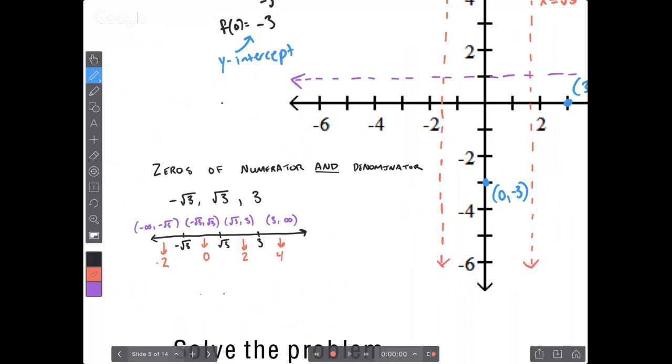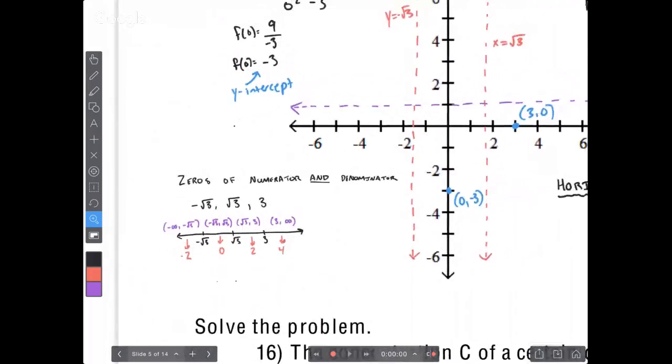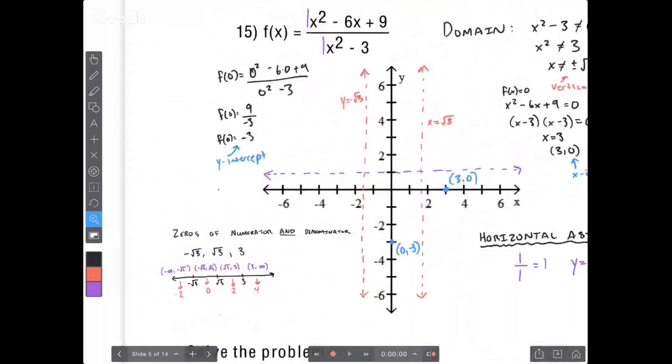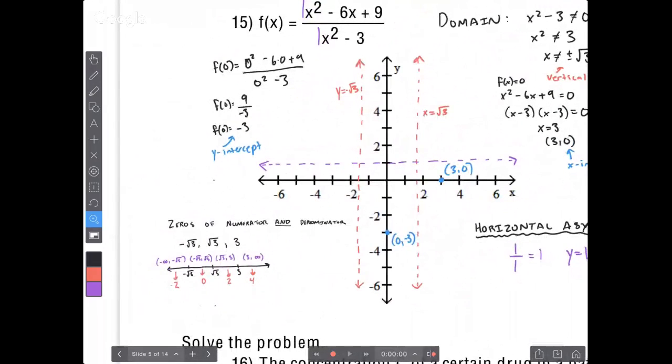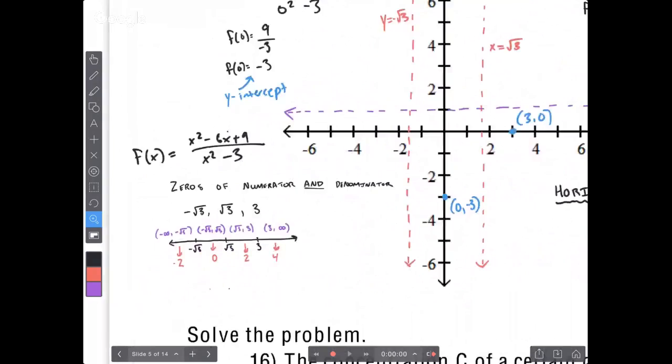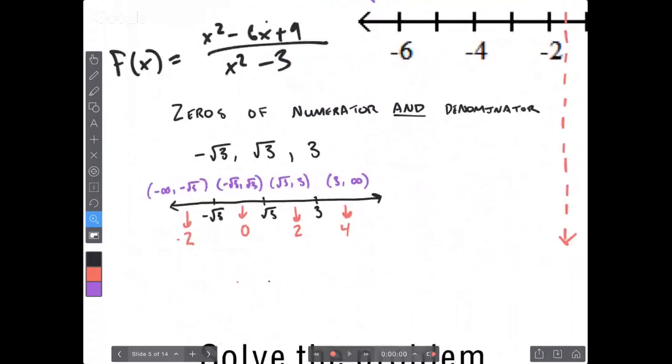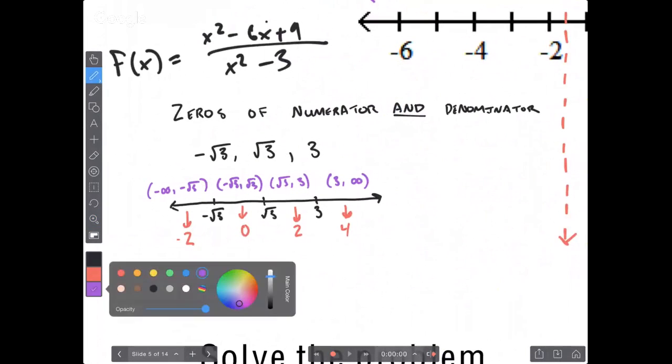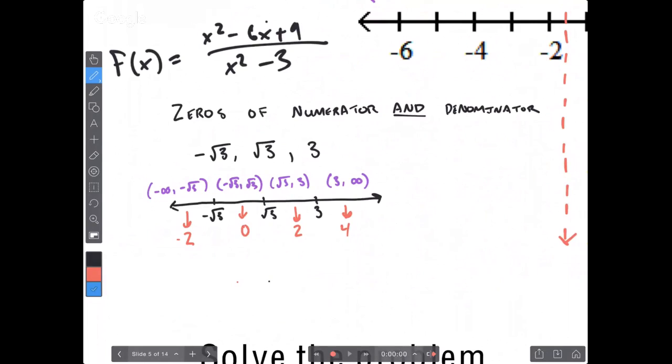And now I'm wondering, for each of these intervals, is the function positive or negative? So my function, again, to reiterate it right here where we can see it, is f of x equal to x squared minus 6x plus 9 over x squared minus 3. And let's zoom back in here to my sign chart. Let's see.